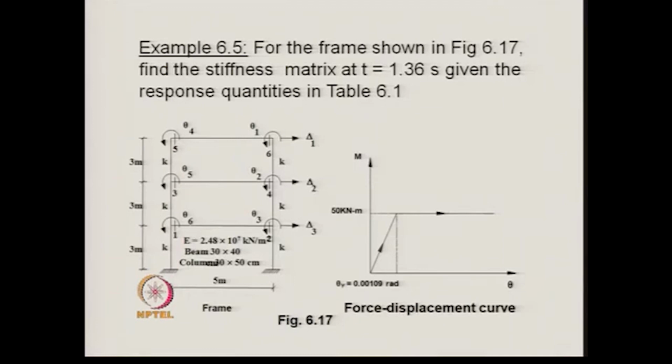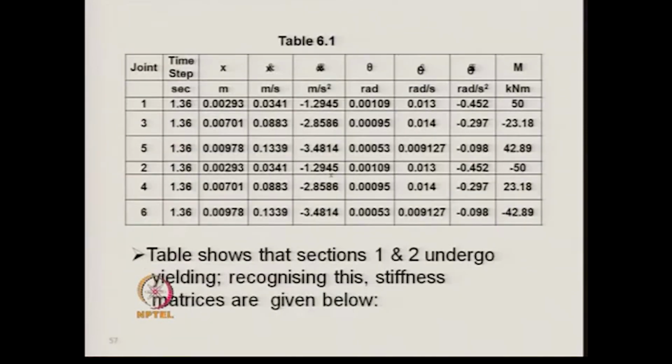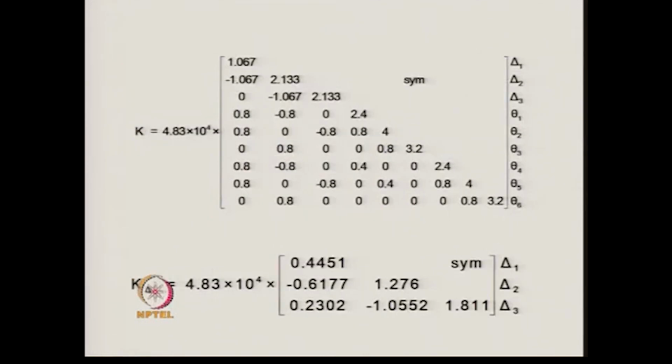In that case, the stiffness matrix that we will be using for finding out the responses at 1.38, over that incremental loading over the time increment, is this K delta matrix.